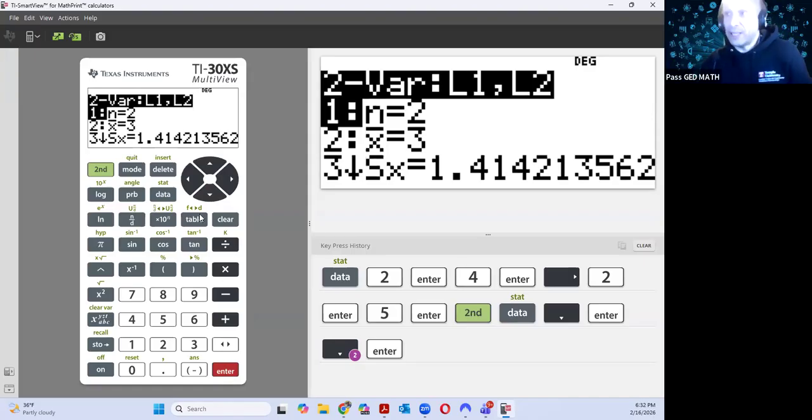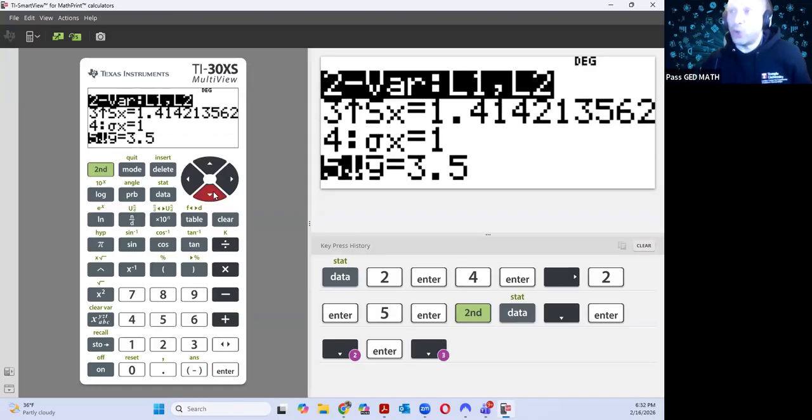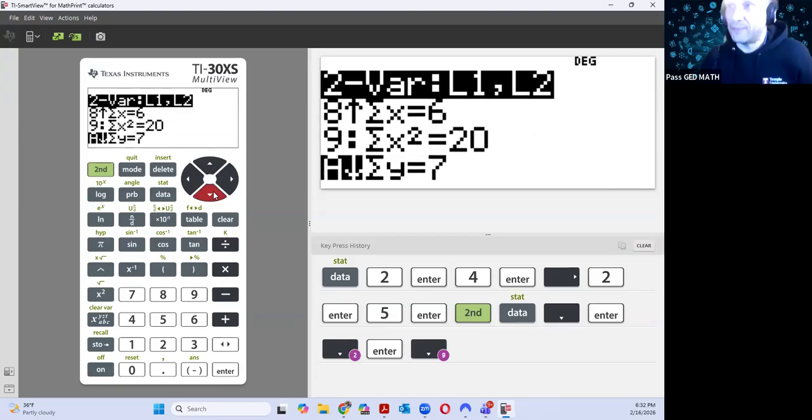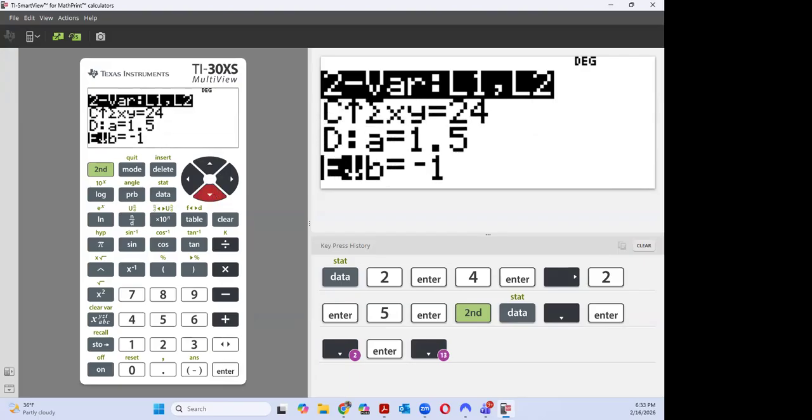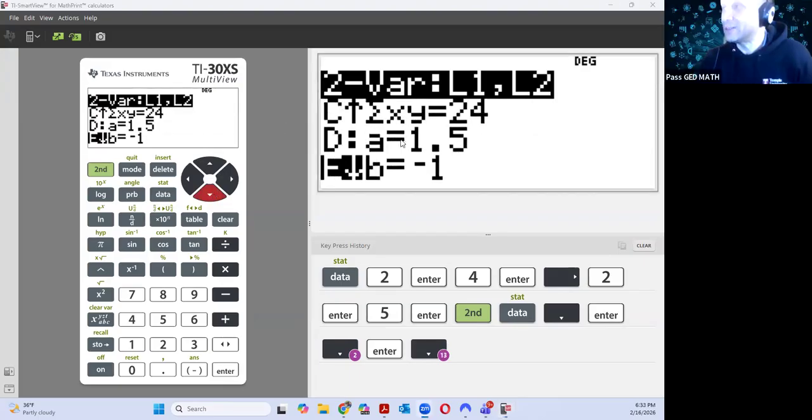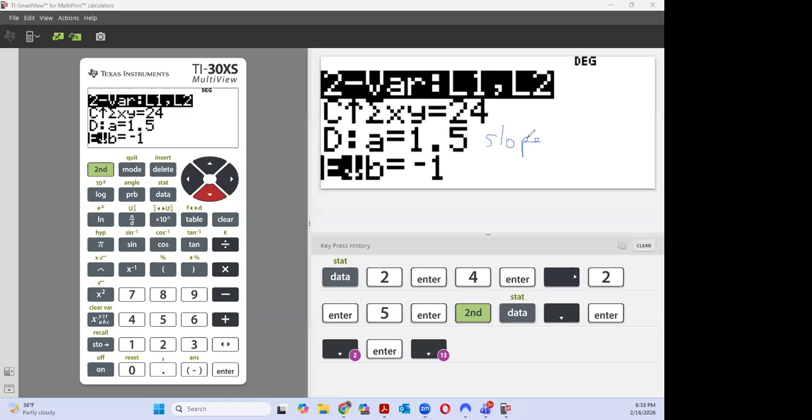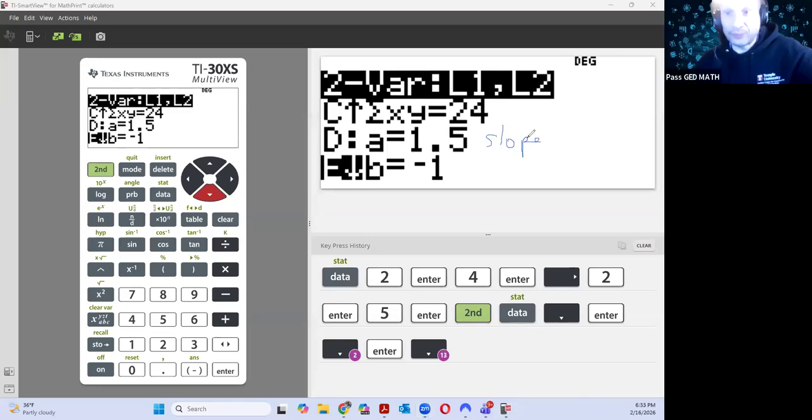Now, you're going to scroll down until you see a lowercase a and a lowercase b. The lowercase a is your slope. You did no work. We didn't identify x1 and y1. We didn't plug it into the formula. We didn't take a point and slope and plug it in, did we?